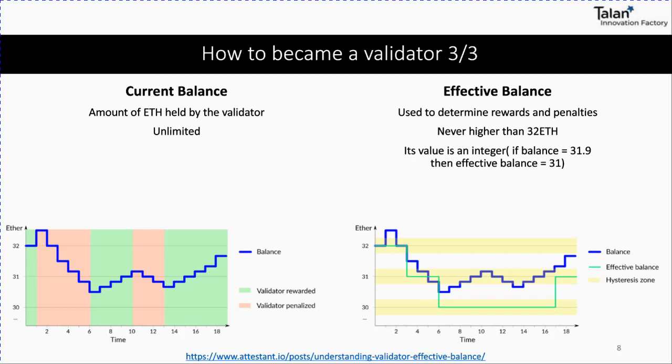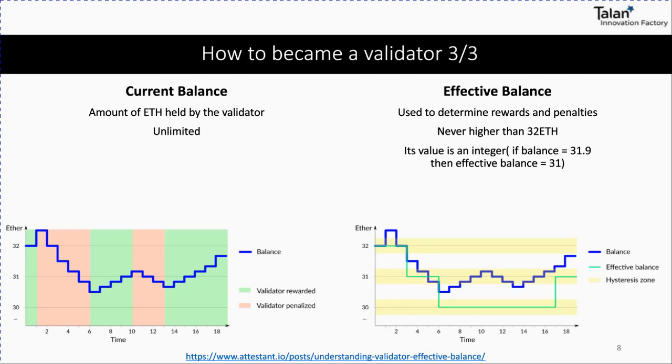Let's take an example. You had 32 Ether, so the effective balance should be 32. Say you lost about 5 Ether, and the effective balance will drop by about 5 Ether also.